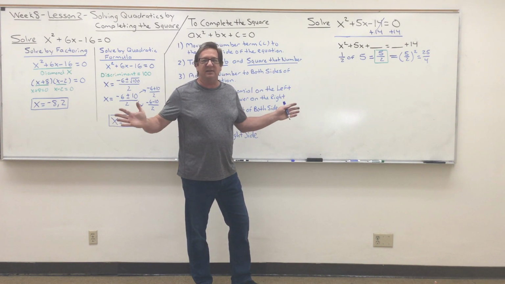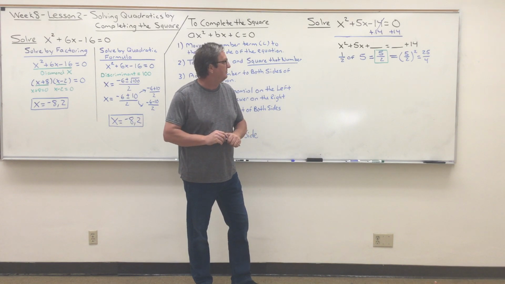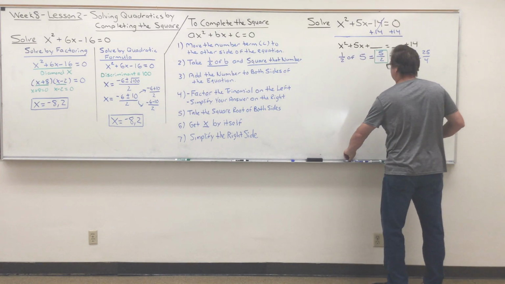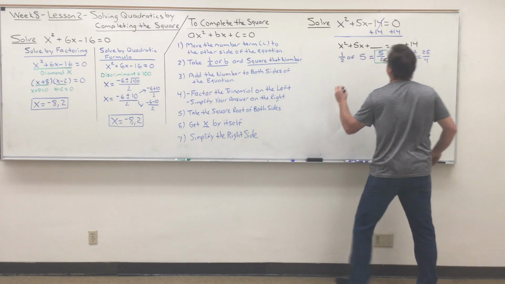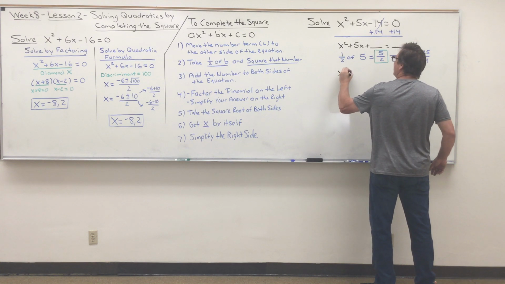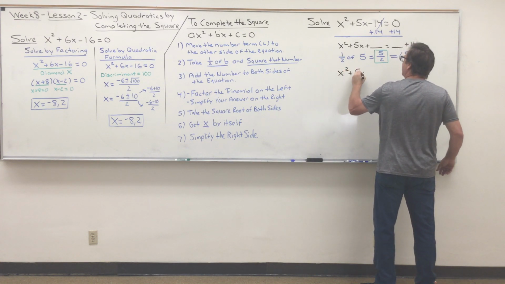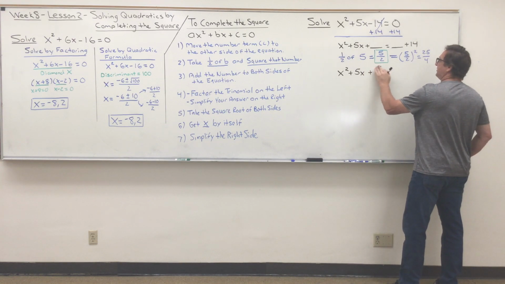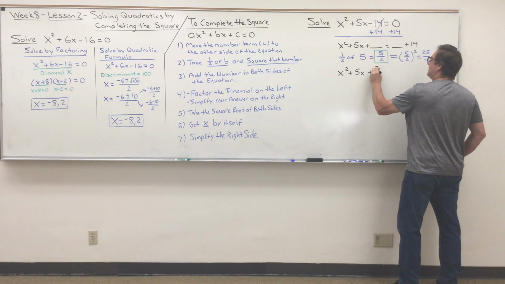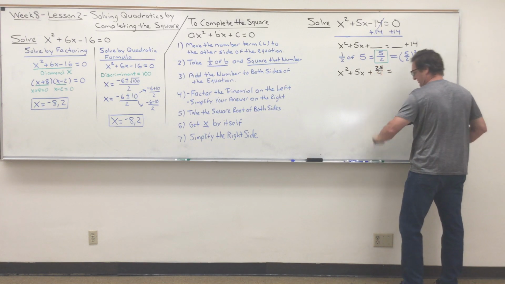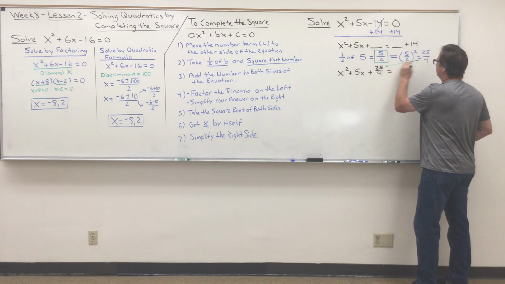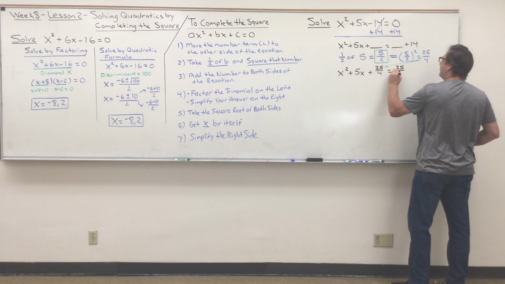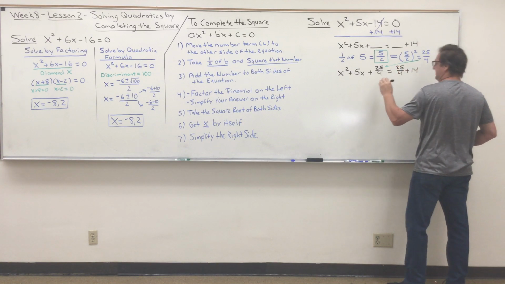Great. Remember, we've got a calculator. We have no issues. We're doing just fine. All right. Add that number to both sides. So we have x squared plus 5x plus 5 over 2. Plus 25 over 4, and 25 over 4 plus 14.